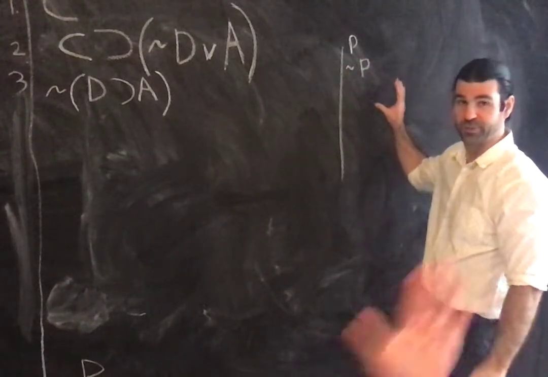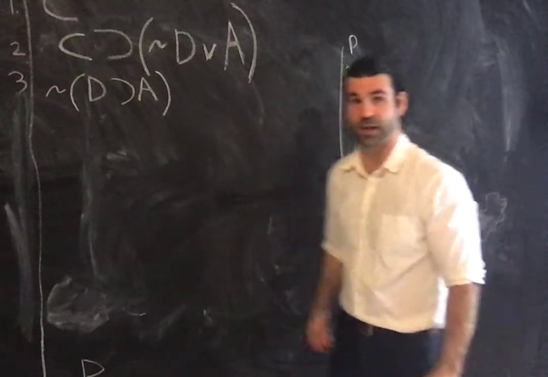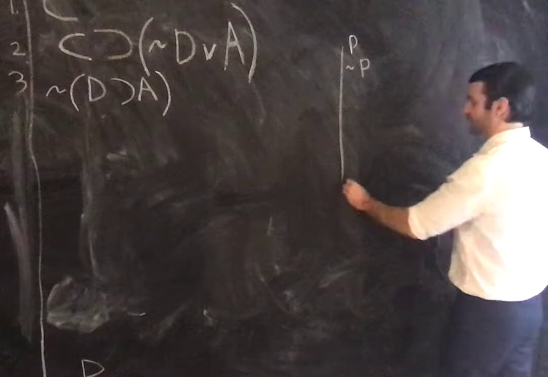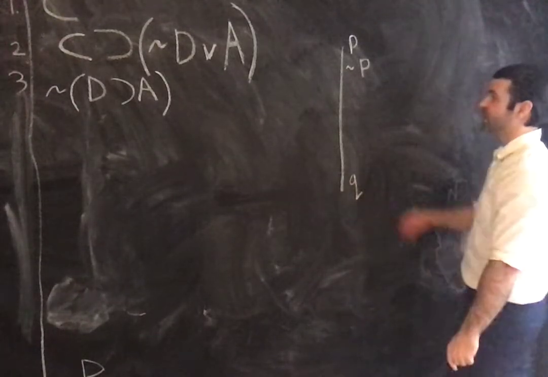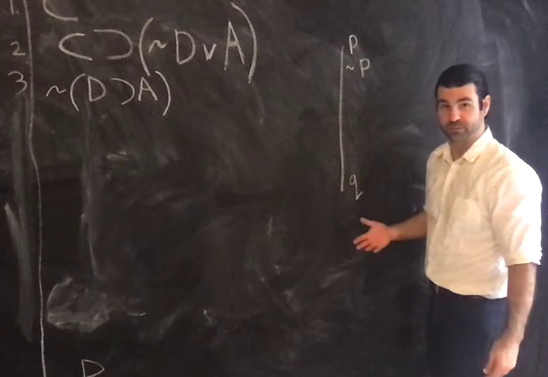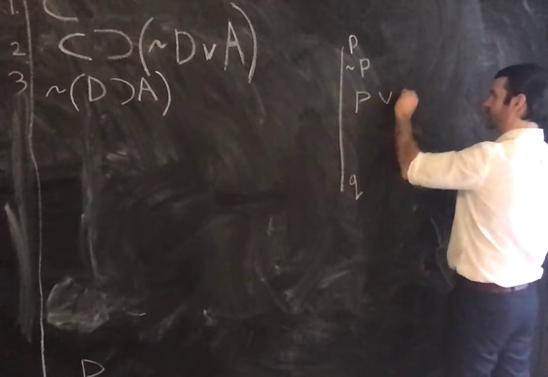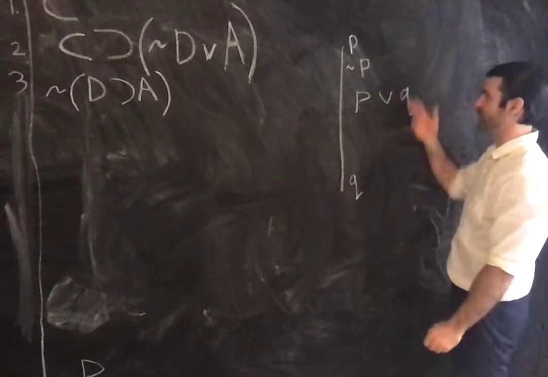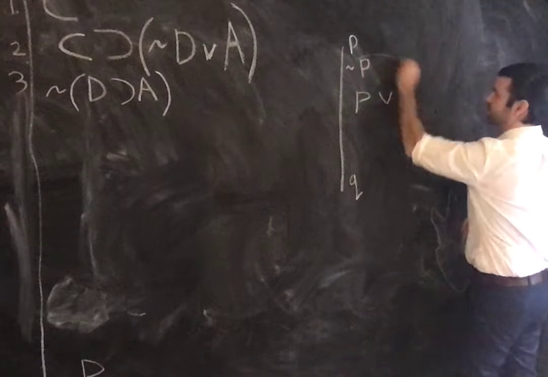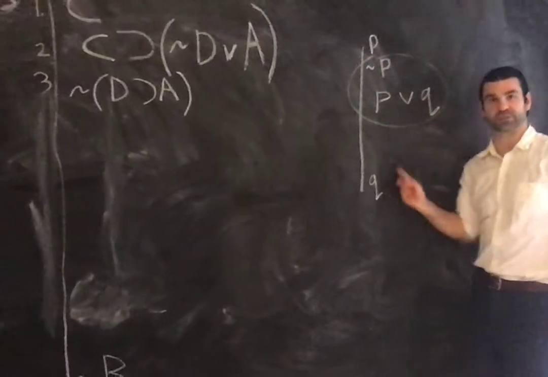There has to be a contradiction in the premises if I'm going to be able to get not B, this entirely new formula, out of the premises. So how am I going to derive Q, something new? This is the form of the proof. I'm just going to add Q to one of these formulas, P will do, and then I'm going to use the negation of it to do a disjunctive syllogism to that one.